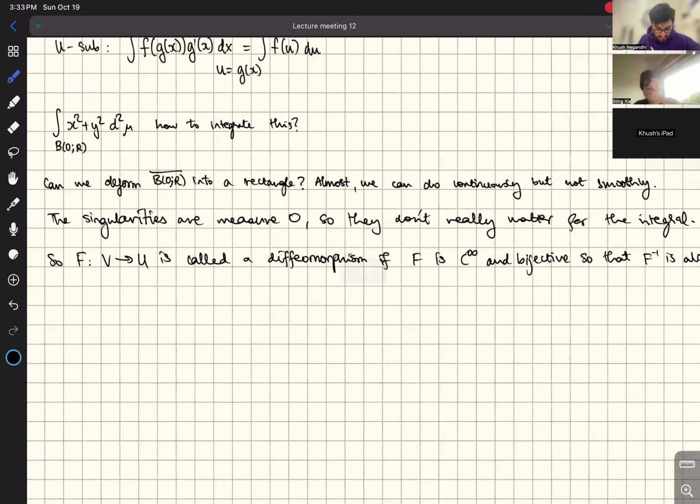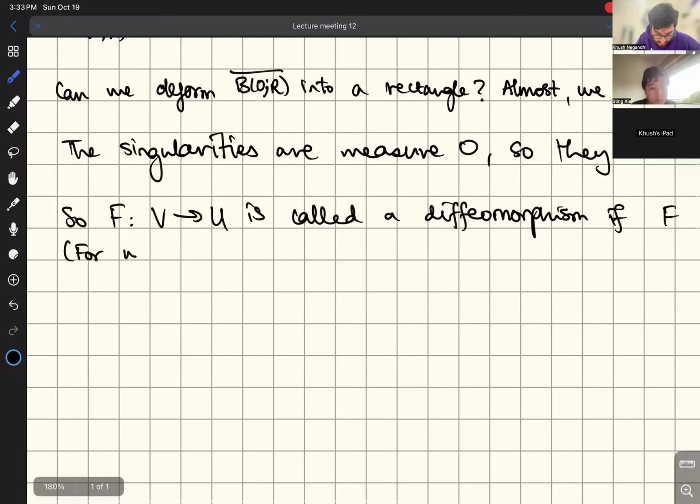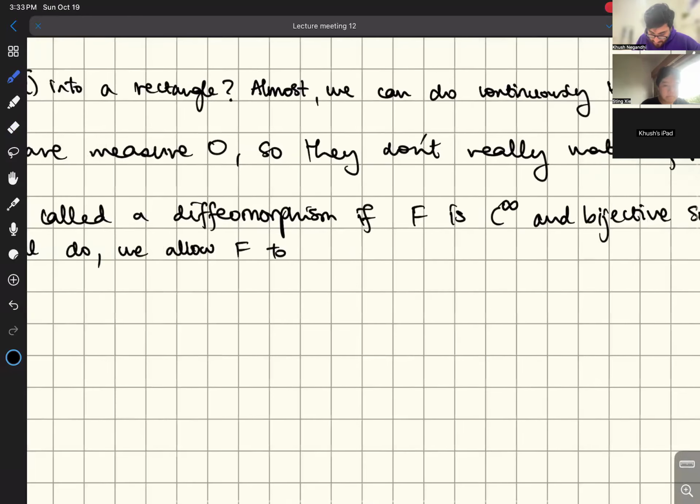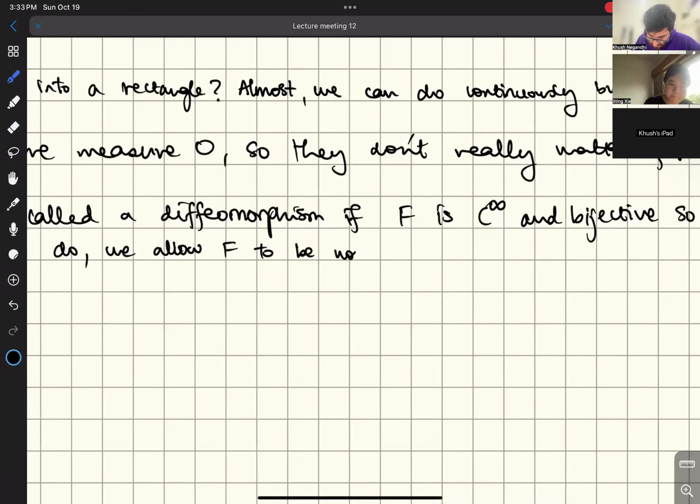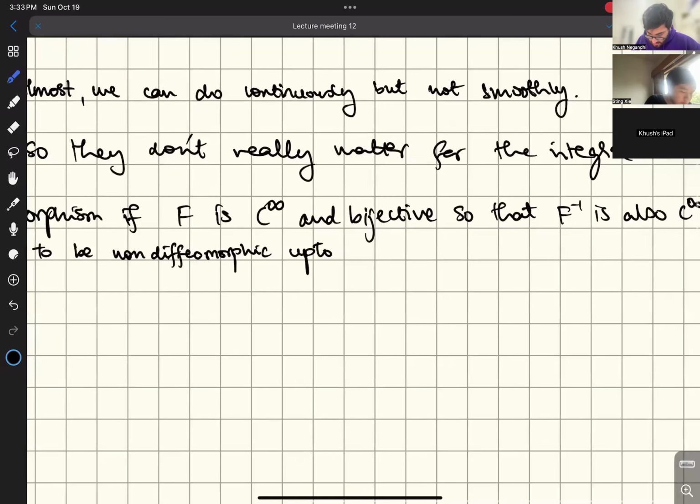So for what we will do, we allow f to be diffeomorphic up to a set of measure zero. Okay, what do I mean by this?